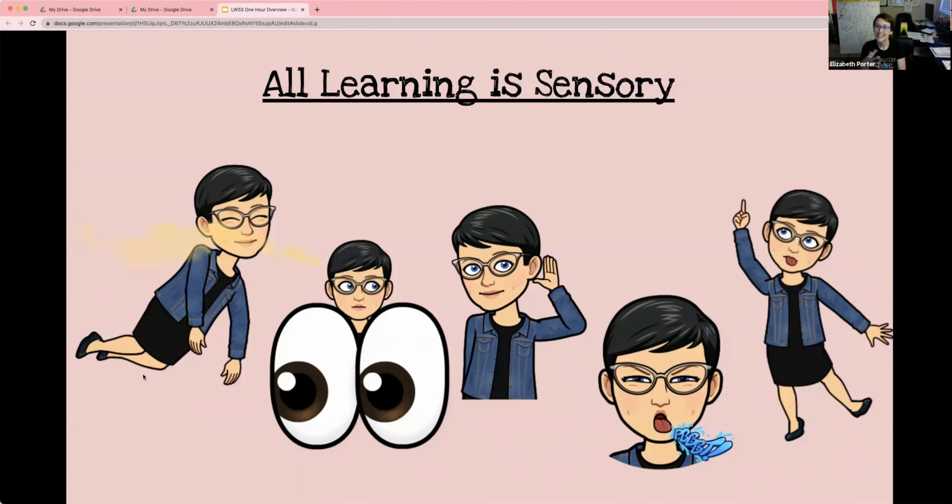All learning is sensory. So we learn new skills through our senses. And we have these special sensory receptors in our bodies that send information to the brain. Now, here's the thing about the brain.